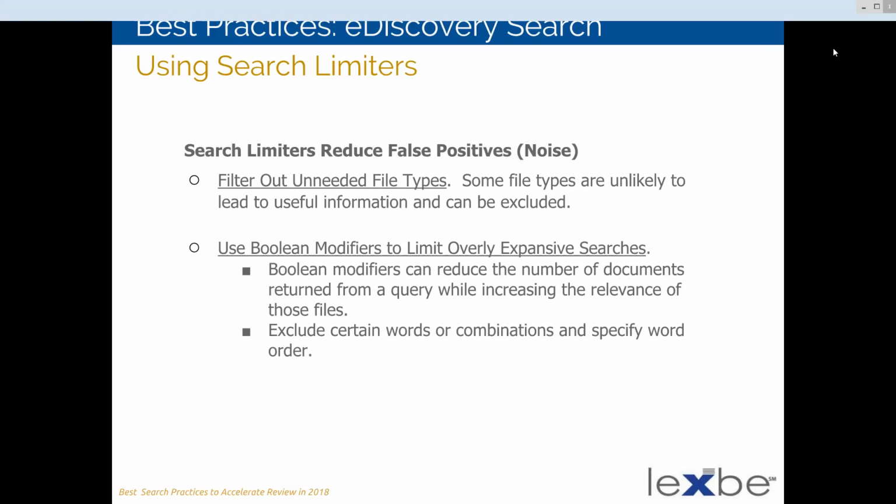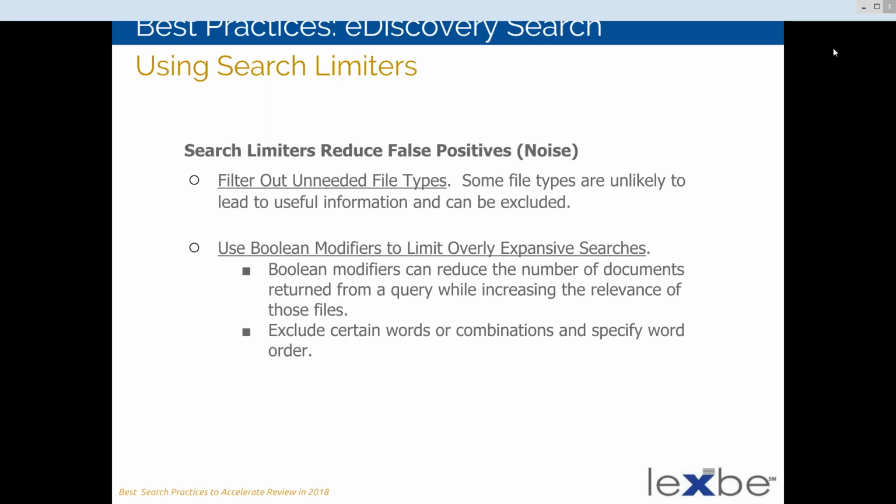But then you look through a couple of the documents and you see, well, this one is important and it has the keyword I used, but it also includes this other word that seems to follow it every time the document is responsive. So at that point, you can modify your search to a Boolean search that would exclude certain words or combinations, and it would also specify word order.